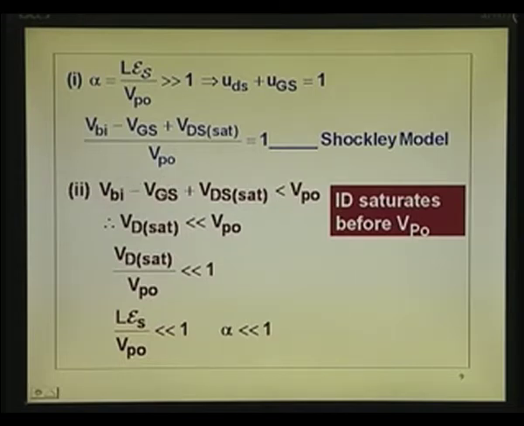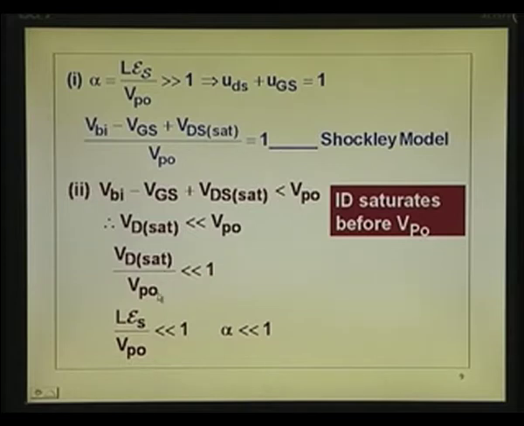If all the 3 terms together is less than V p 0, therefore this term alone should definitely be much less than V p 0. Now, I am removing this, taking it to the other side, V d sat by V p 0 is very much less than 1. What is that condition we are trying to see?